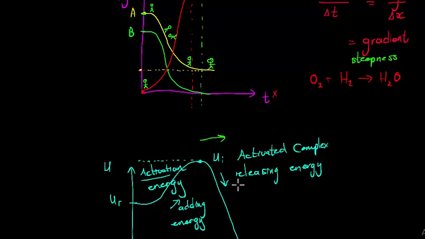Now as it's releasing energy, it's causing more and more particles to interact, but at some point the amount of reactants available is decreasing to such an extent that the probability of a successful collision is low because there are fewer and fewer reactants.